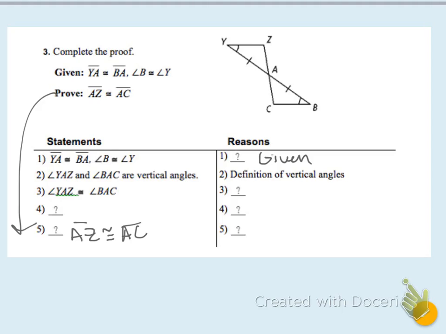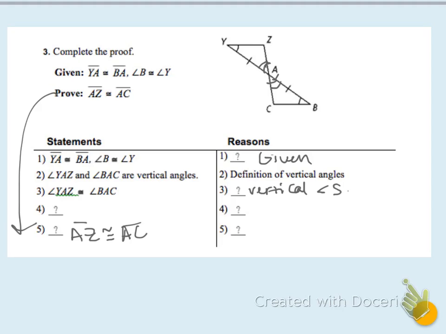Angle YAZ and angle BAC are vertical angles. Okay, so if they are vertical angles, that means that they are congruent, because all vertical angles are always congruent. So angle YAZ is congruent to angle BAC because of vertical angles.